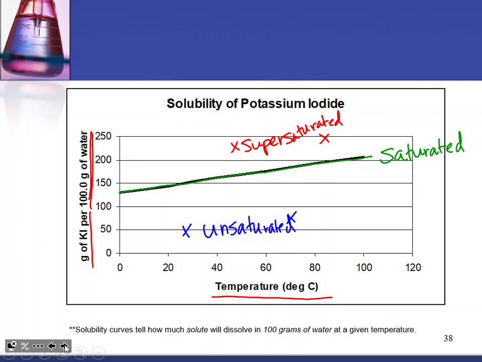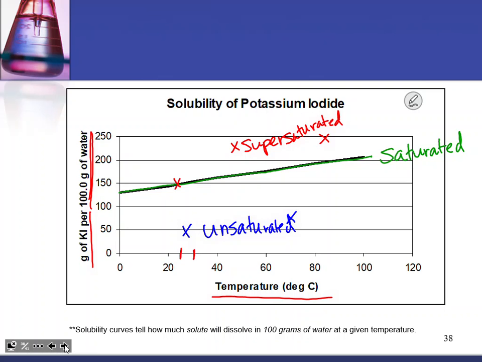The other parts of the questions really are just, can you read the graph? There are a few ones where they try to trick you a little bit, but let's go ahead and look through some of these questions. The first one, at 25 degrees, about how many grams of potassium iodide will dissolve in 100 grams of water? So if I look here, this is about 30, so half of that's 25.